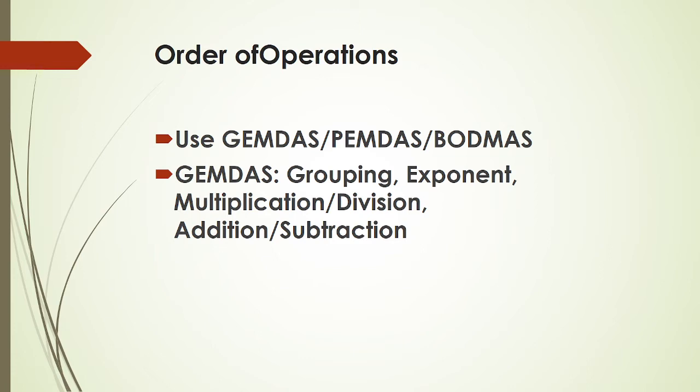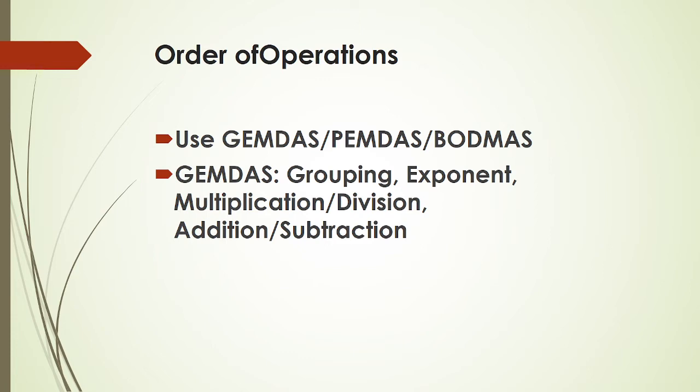So if the two are present, we proceed from left to right, and that is also true with addition and subtraction. Kung present ang either addition or both addition and subtraction are present in the problem, we can proceed from left to right. So yun po yung rule.